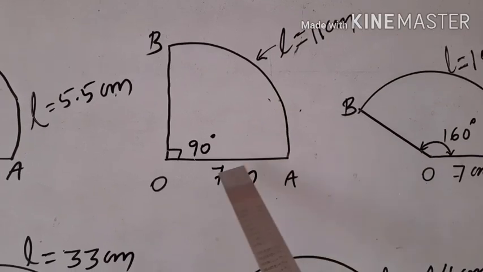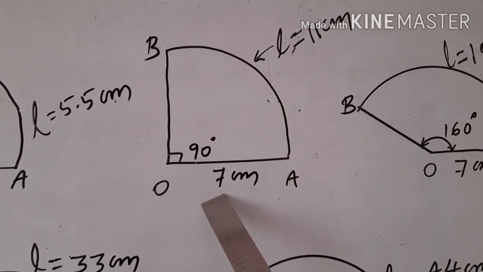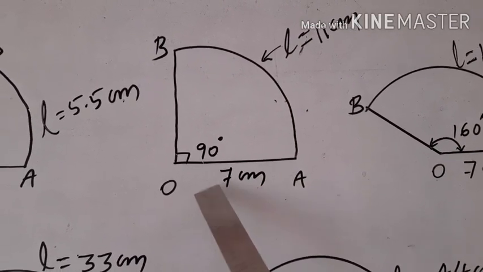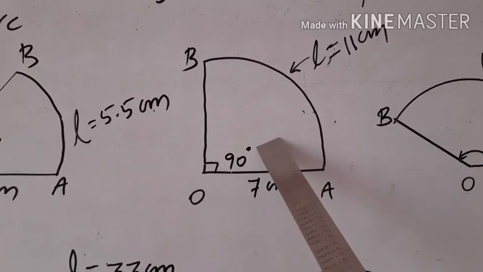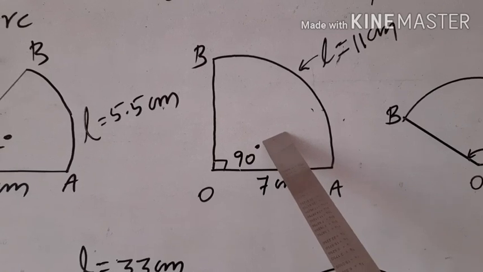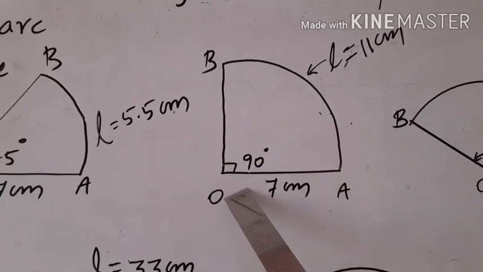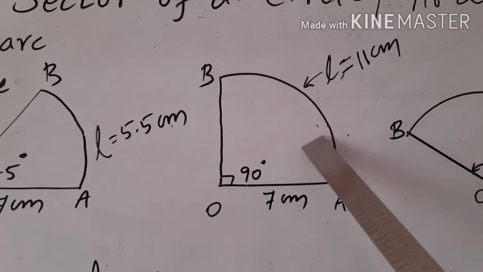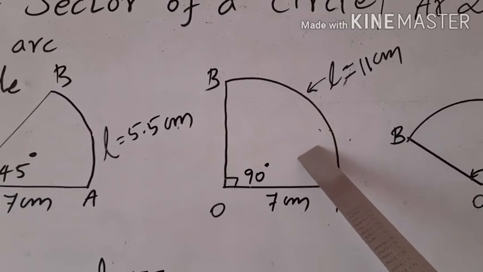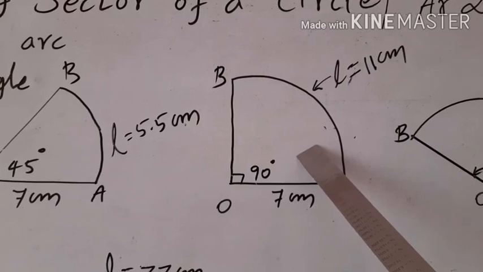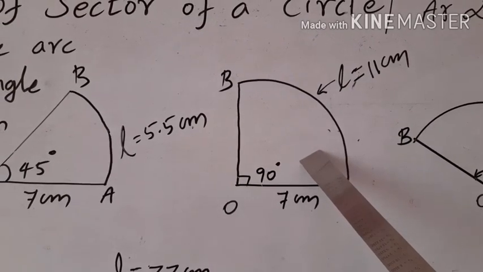Find the area of the sector whose radius is 7 centimeter and central angle is 90 degree. Here, when the central angle is 90 degree, it becomes 1/4 of a circle. Therefore, I can call this sector a quadrant of a circle. All sectors are not called quadrant of a circle.